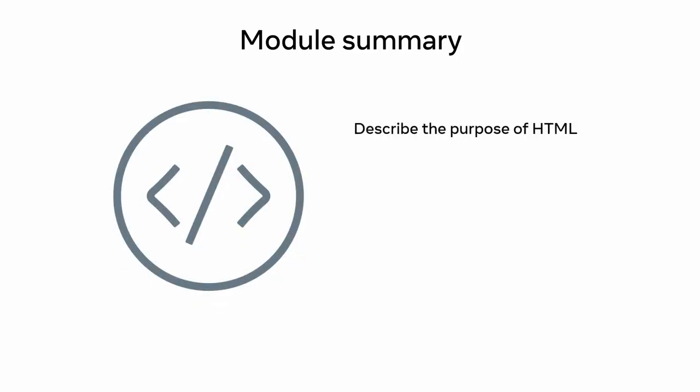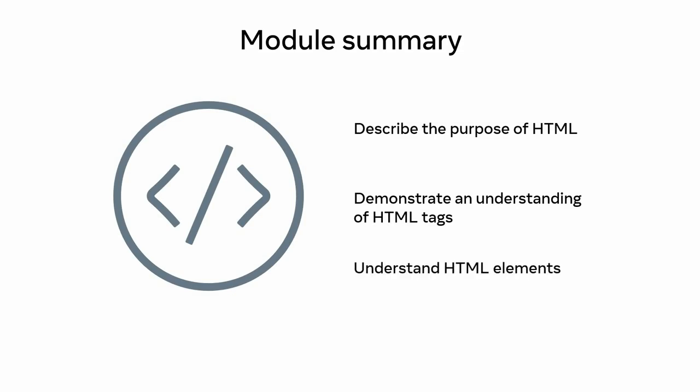And learned how to describe the purpose of HTML in a web browser, demonstrate the use of HTML tags, including how to ensure that you use the correct syntax, and identify how HTML elements like paragraph and image are utilized in a web document.